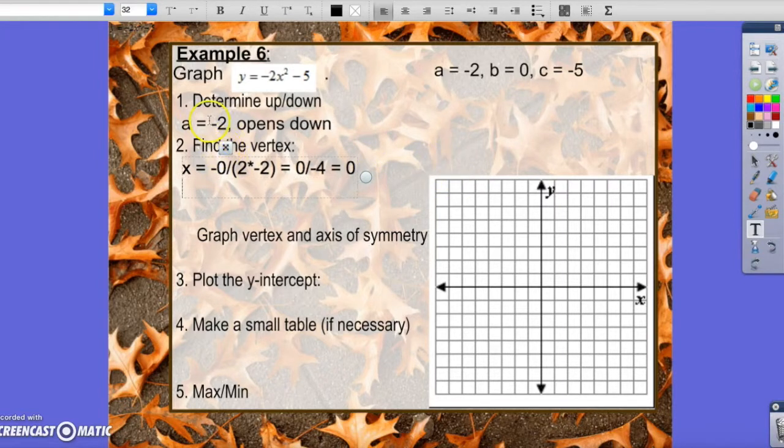So I plug 0 back in to the original. My y will just be -5. So my vertex is 0, -5.